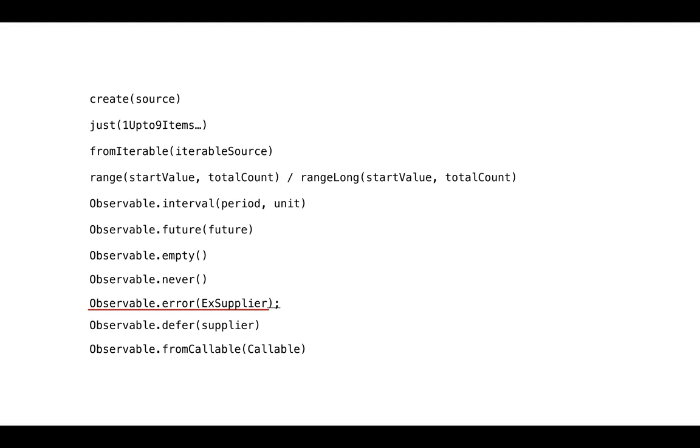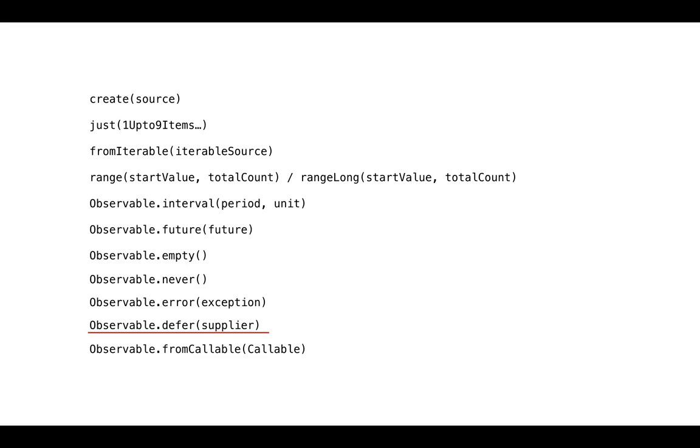And we have to use sleep here just like with Observable.interval because the main thread is not going to wait after starting this. Next is the error method. It takes an exception supplier to supply an exception intentionally, just like we do with the throw keyword in imperative style.